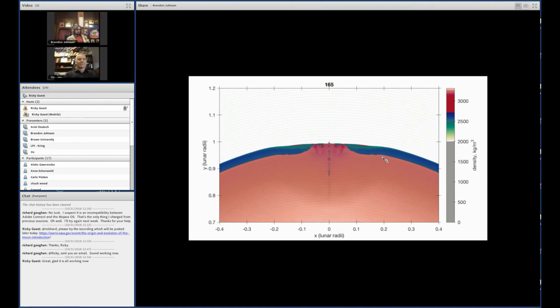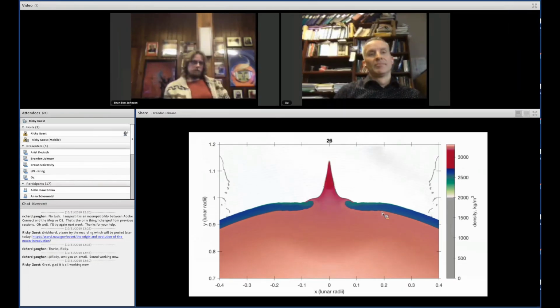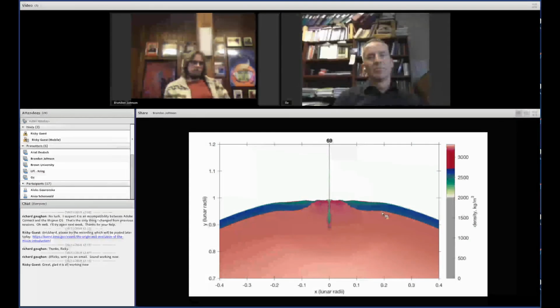Okay, so the first question that we have is, how can impact cratering be used to estimate crustal thickness, and how has it informed us about differences between the lunar near side and the lunar far side? So I guess either one of you can answer if you want.